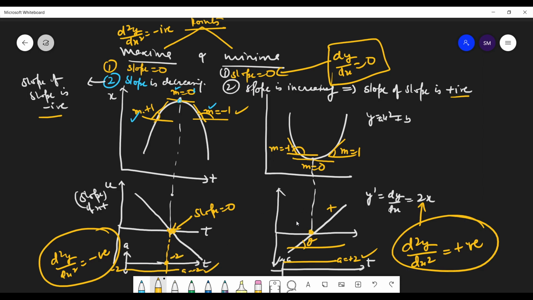Here the slope is 0, dy by dx is equal to 0 at maxima. But what's here? A is equal to, then the slope d square y by dx square is equal to plus 2. Here d square y by dx square at maximum is minus 2. At this point I am talking only about this point, only about maxima. Am I clear? Now let us do a question based on this, and then you will better understand. Okay?